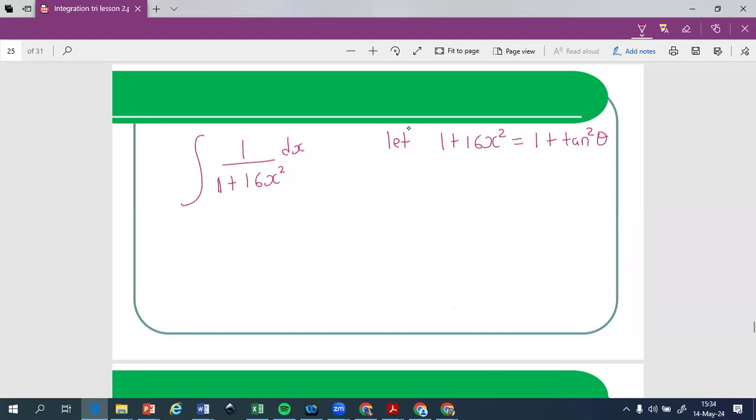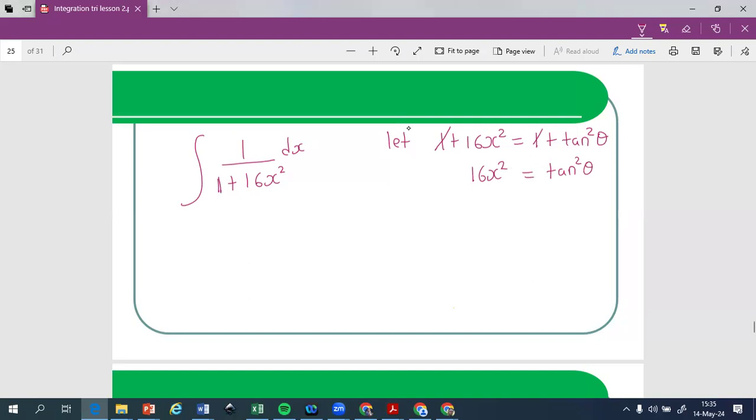Now, are you seeing 1 and 1 going already? Because when you collect like terms, this 1 and this 1 will go. So I remain with 16x squared equal to tan squared theta. Are we on the same track?